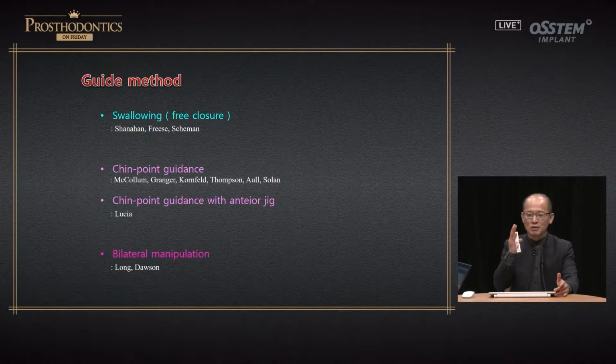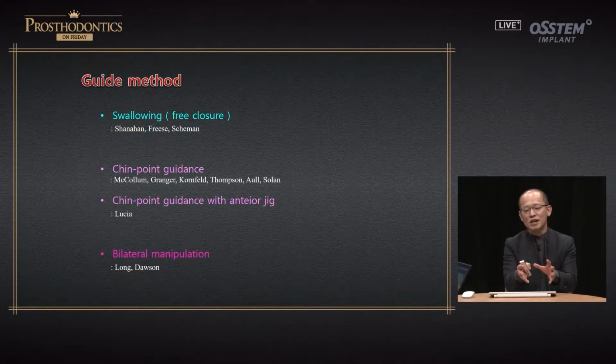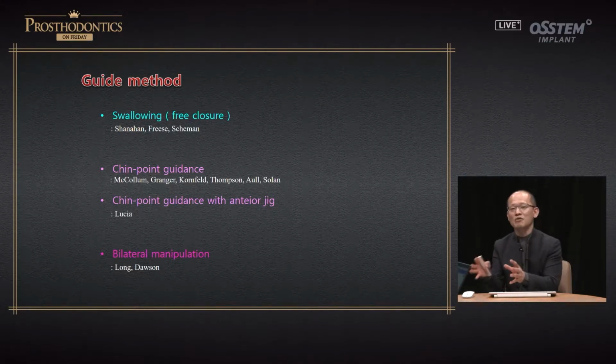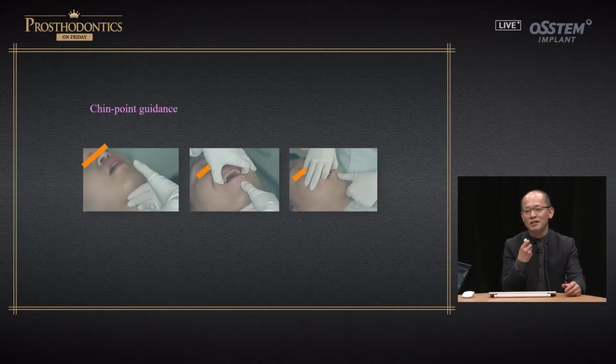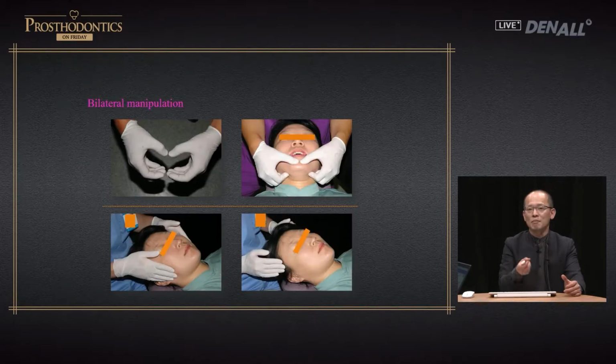What I mean is there's no one golden rule, no one right answer. It's more about the practitioner guiding the same patient to the same consistent positions. Chin point guidance looks very simple, but the head position and hand position are important, and how you close with the thumb is also important.